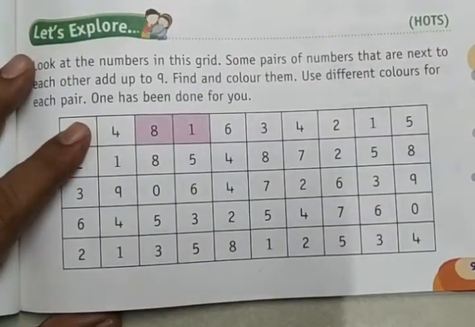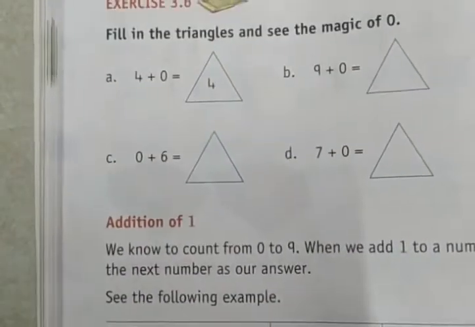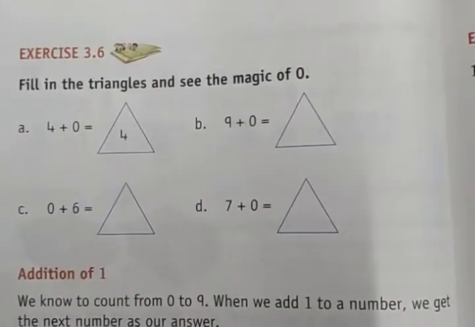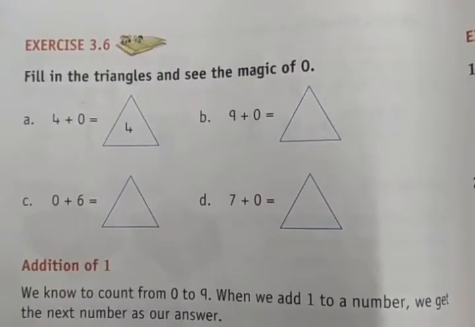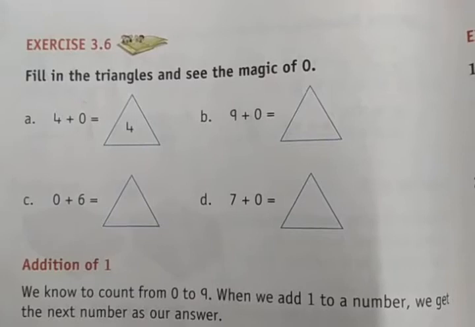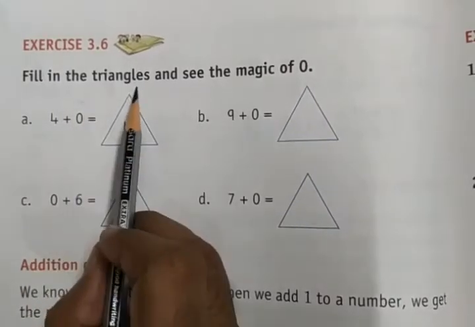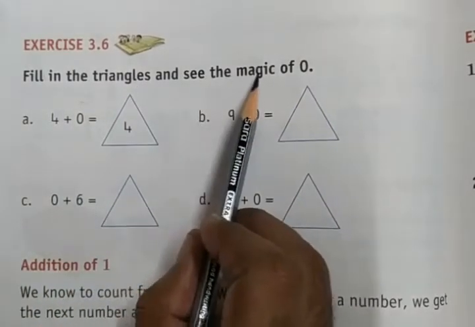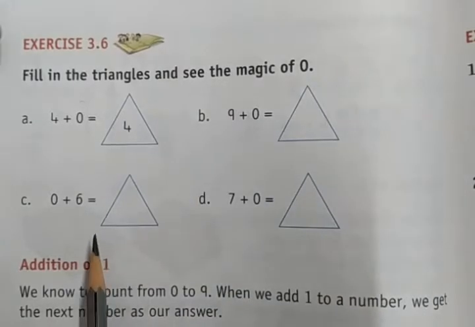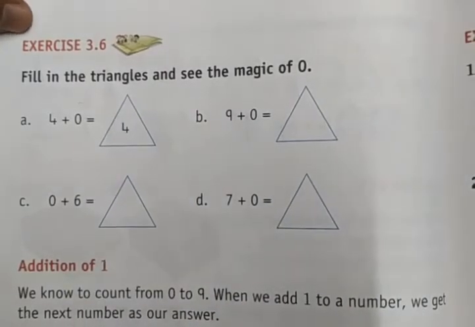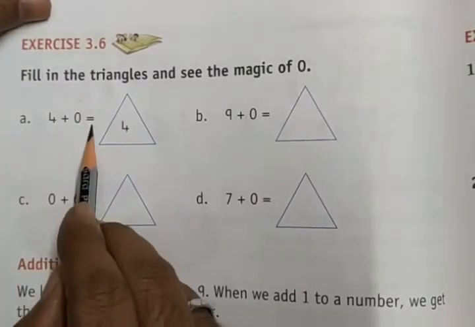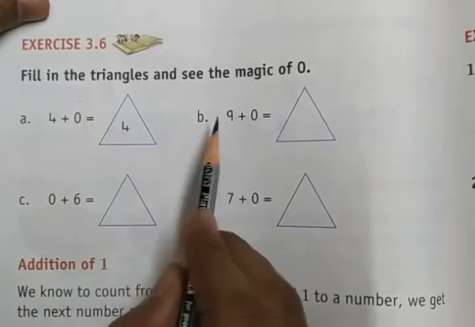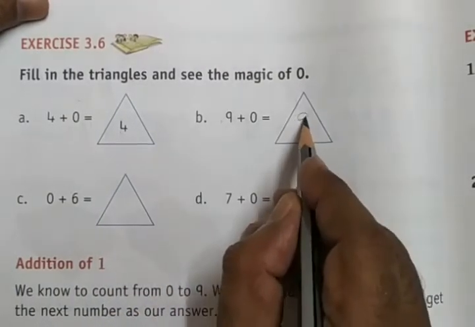So let's do an example based on this concept. That is exercise number 3.6, right? So here we can see, fill in the triangles and see the magic of 0. 4 plus 0 is equal to 4 only. 9 plus 0, 9 only.